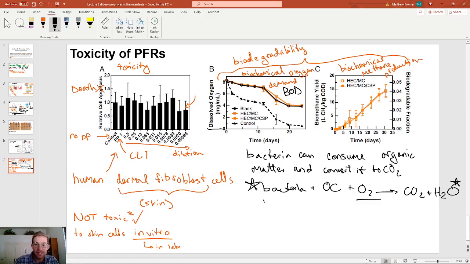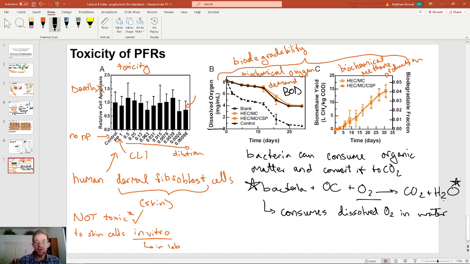And the reason this is bad is because it consumes dissolved oxygen in the water, whether it be a stream or a lake or whatever. The reason this is bad is because other aquatic species, fish and even aquatic plants, are going to need some amount of dissolved oxygen present in order to function.